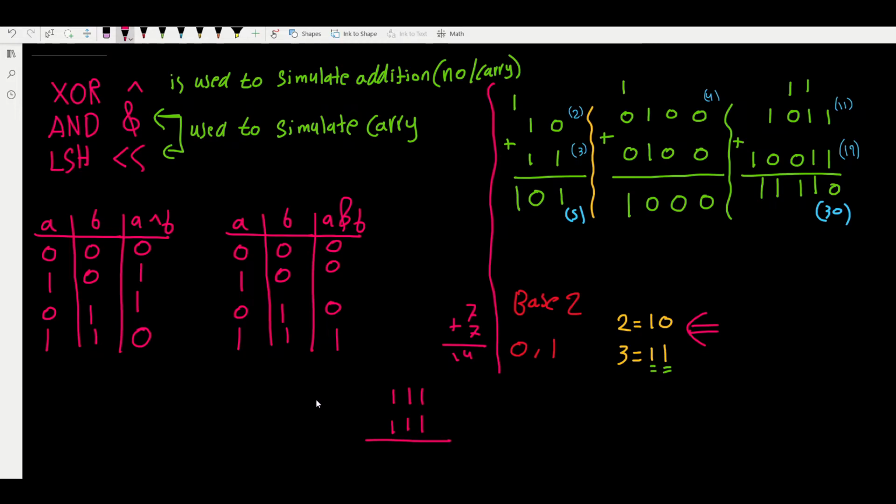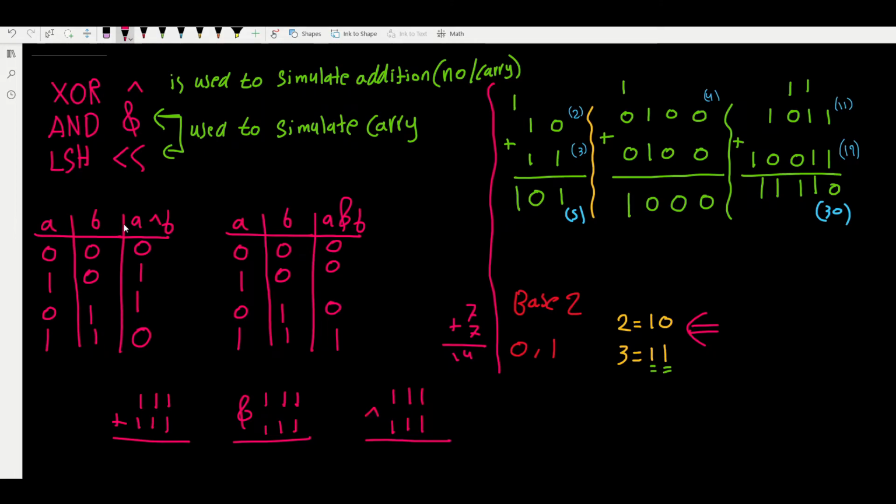So we will have this, and now I will show you how these can work together. 111, and we have the same here, 111, but now with the bitwise AND. And now here I will show you the addition, 111 plus 111. Okay, so now, starting with exclusive OR.